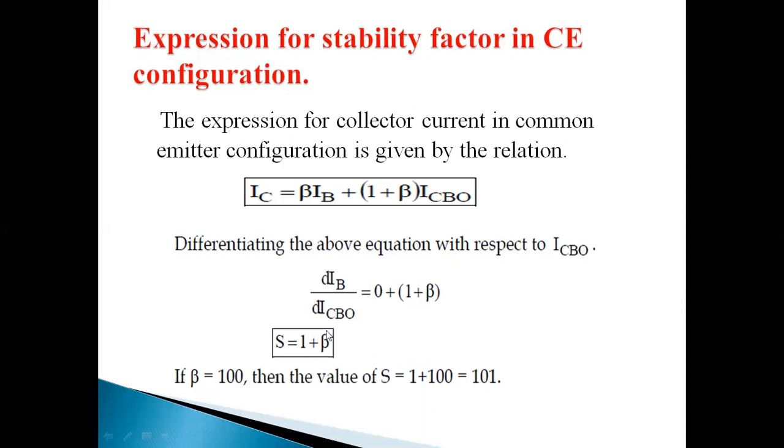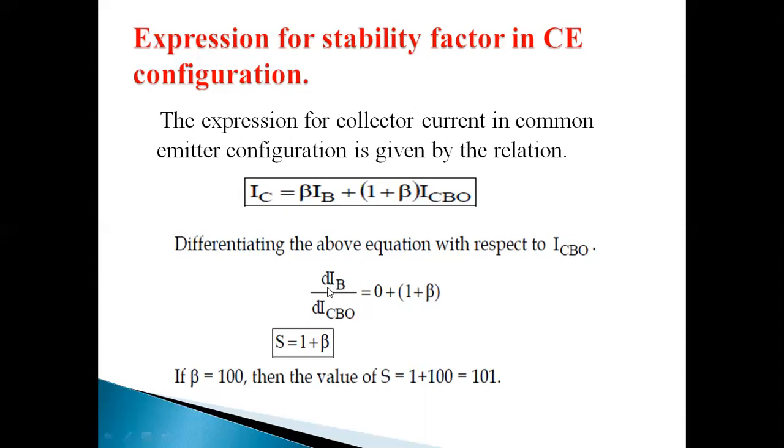So from this, dIC by dICBO can be given as the stability factor. Differentiating the above equation with respect to ICBO, on this side we get dIC by dICBO, equals, here this term is constant with respect to ICBO, so it will be 0, and differentiating this term we get 1 plus beta.